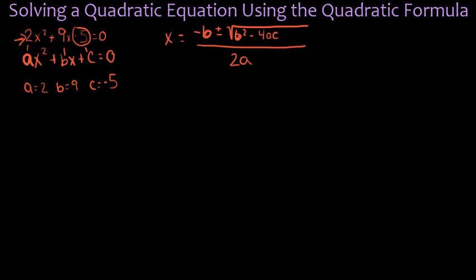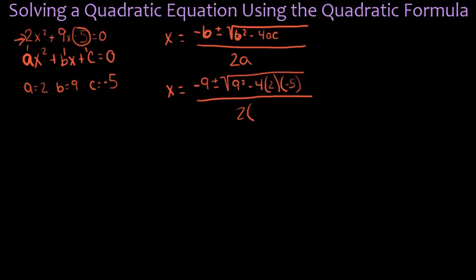So we will say x is equal to negative 9 plus or minus the square root of 9 squared minus 4 times 2 times negative 5, all over 2 times a, which is 2.